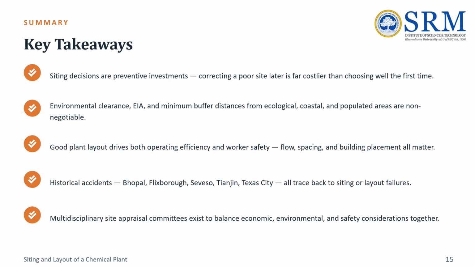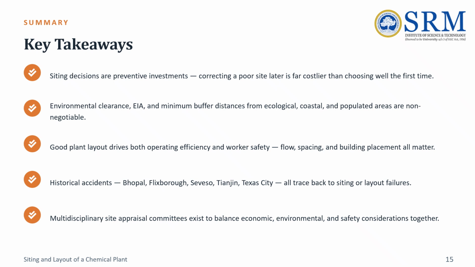Let us summarize today's lecture. Siting decisions are long-term investments that determine the safety and sustainability of a chemical plant. Environmental clearance, EIA studies and buffer zone requirements are essential before constructing a plant. Good plant layout improves operational efficiency and protects workers and surrounding communities.